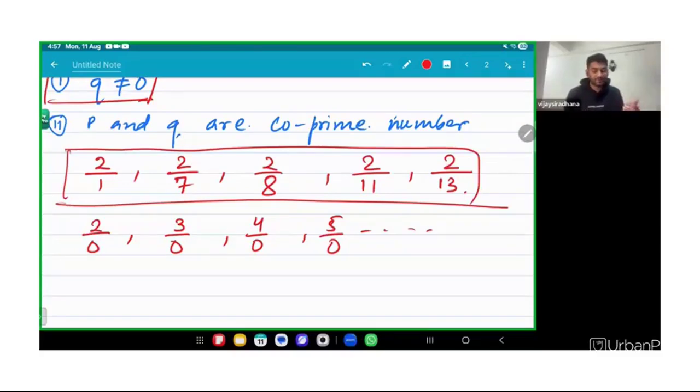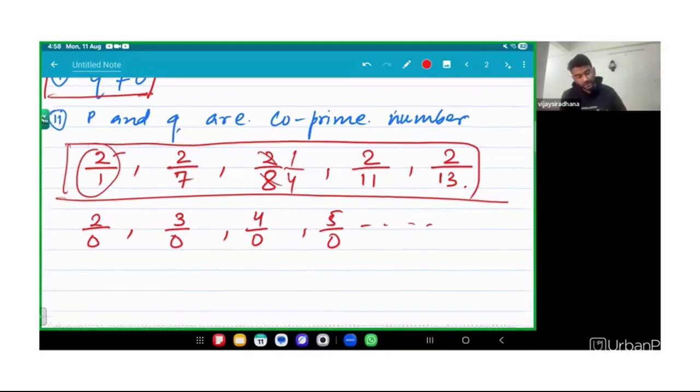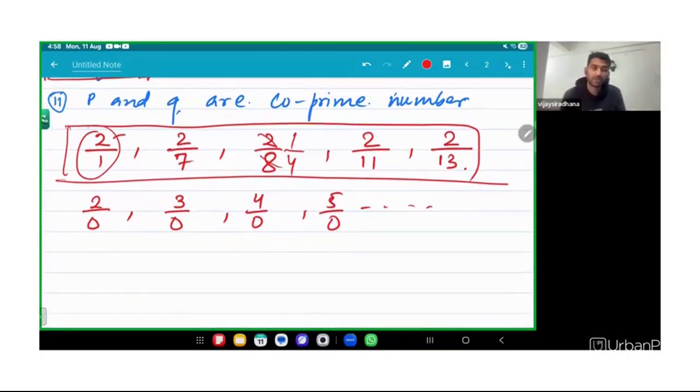So whenever we simplify it, we will definitely get some value. 2 by 1 is 2. 2 by 8 is 1 by 4, right? 2 by 7 also gives some value, like 0.14 and so on. But the problem arises when it is 2 by 0, 3 by 0, or any number by 0.